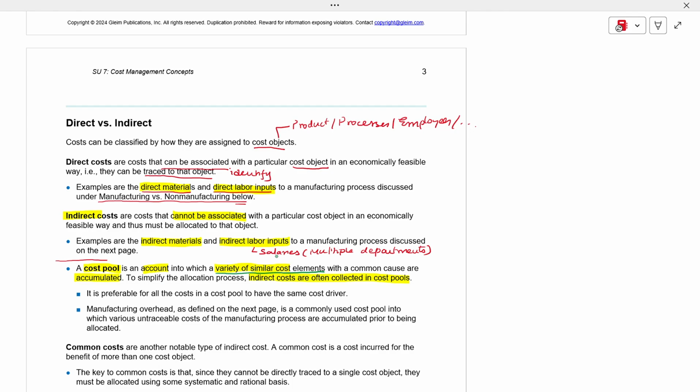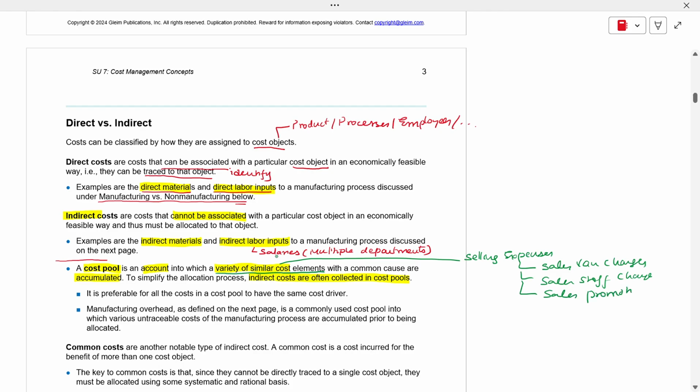In selling expenses, the similar costs are sales van charges, sales staff charges, sales promotions, and sales advertisements. You have similar cost elements grouped together, and it is not a direct cost.